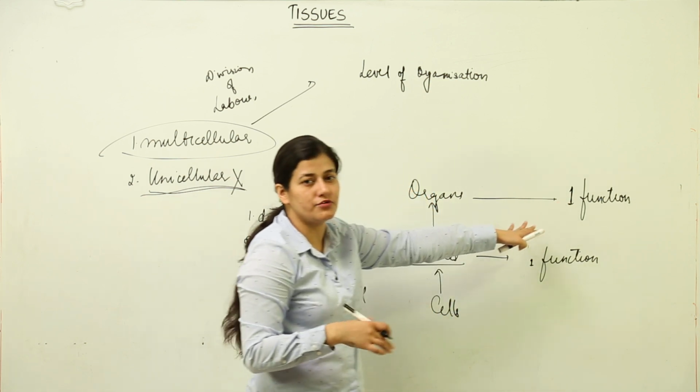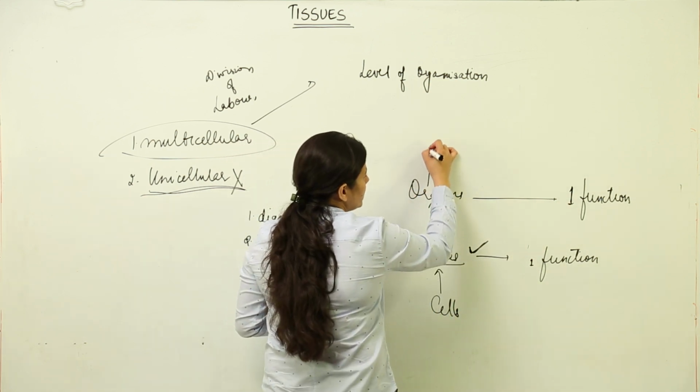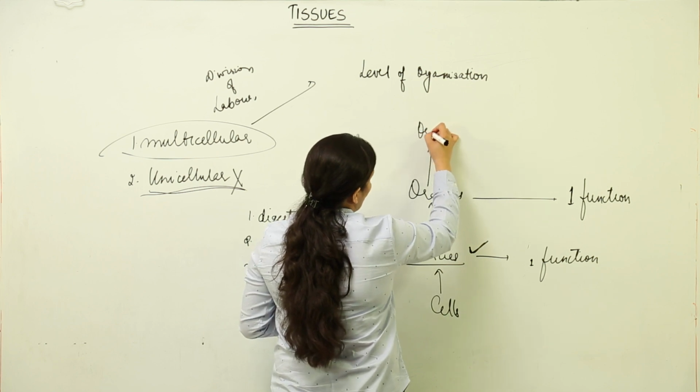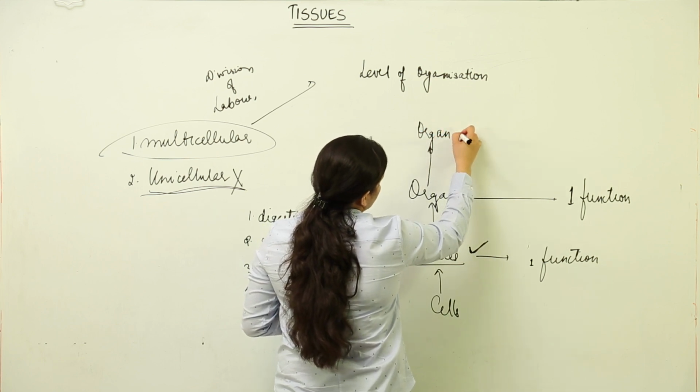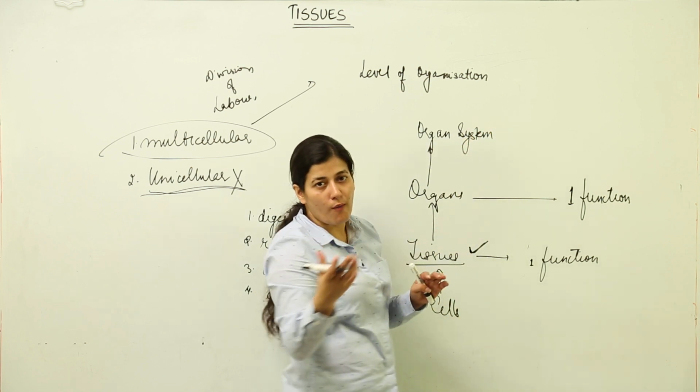By the size of one, I am trying to tell you the work that it is doing. Then organs combine to form an organ system. That means many organs come together to form the organ system.